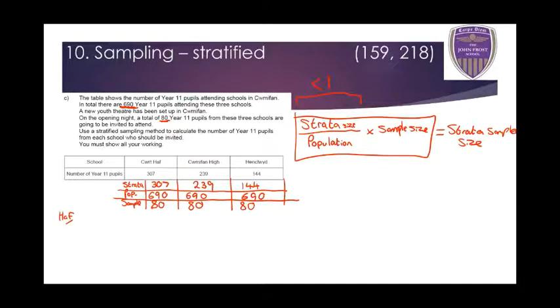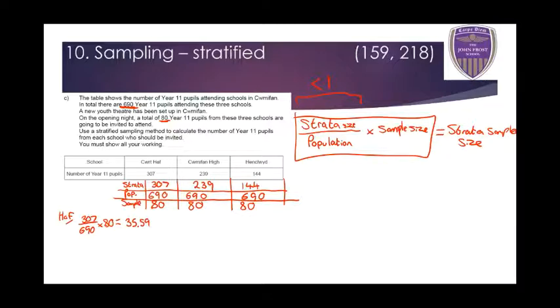Okay, so for Cumulative, strata size is 307 divided by the population, which is 690, multiplied by the sample size, which is 80. If you type those into a calculator, you should get 35.59.